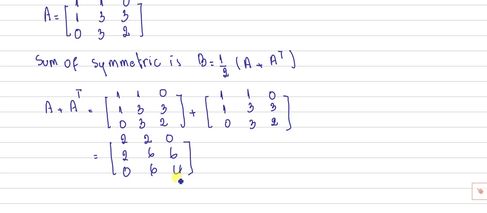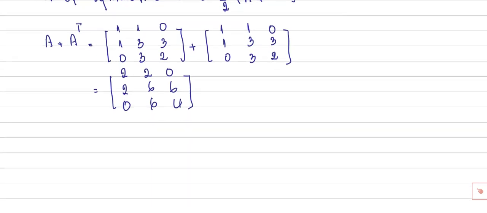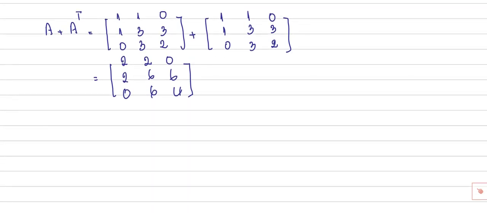And I got B. So our B is equal to 1 over 2 times this matrix A plus A transpose, which is 2, 2, 0, 2, 6, 6, 0, 6, 4.